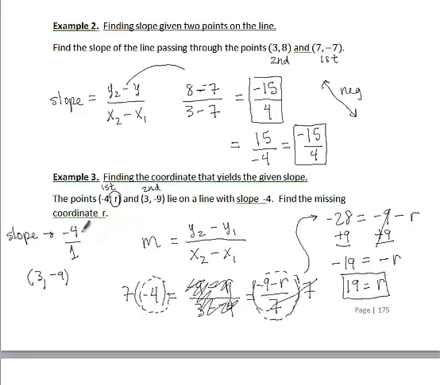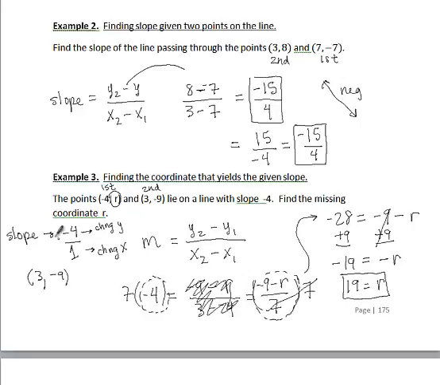So this top number is how much we change the y, and the bottom number is how much we change the x, and you have to change both at the same time.